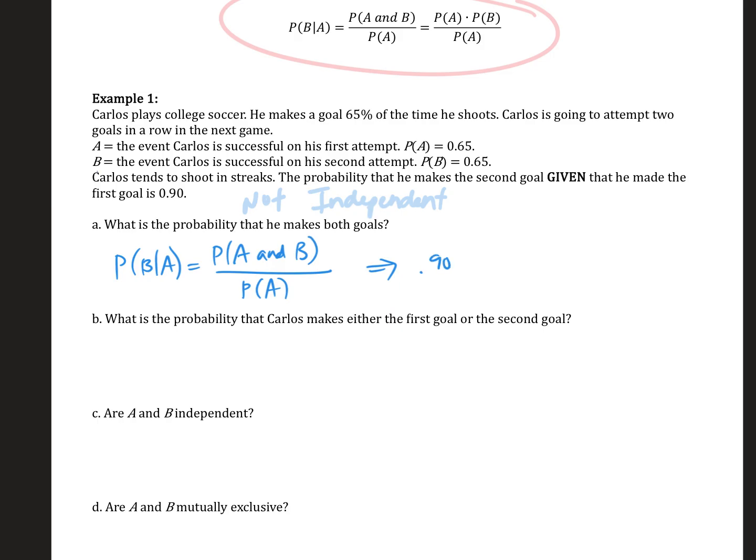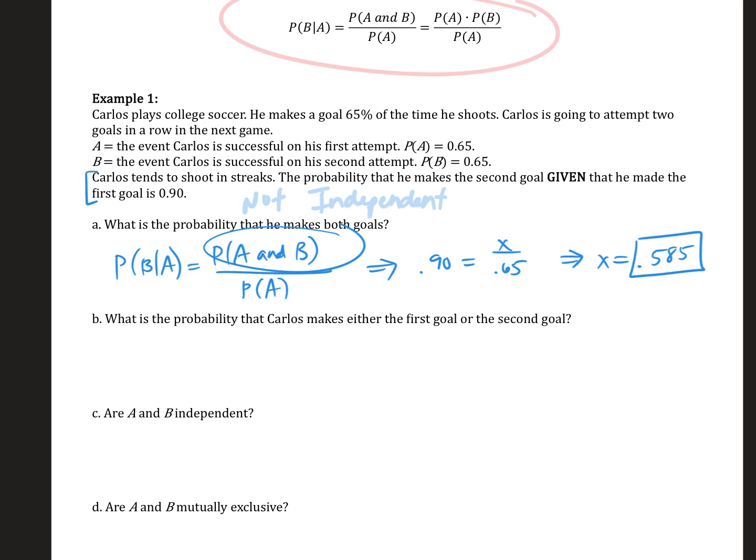So this was my probability of B given A right there. Equals, I'm looking for the probability of both goals, so that's X, divided by, what's the probability of A? 0.65. So multiply 0.9 times 0.65 to get your answer, and you get 0.585. So that is your probability of A and B.